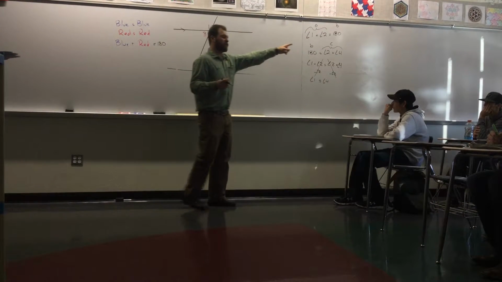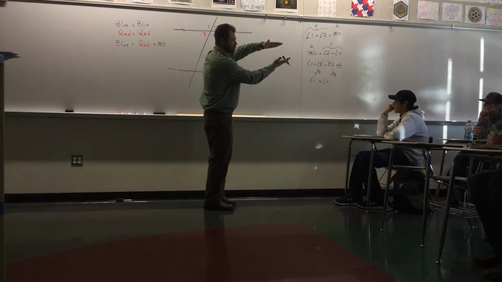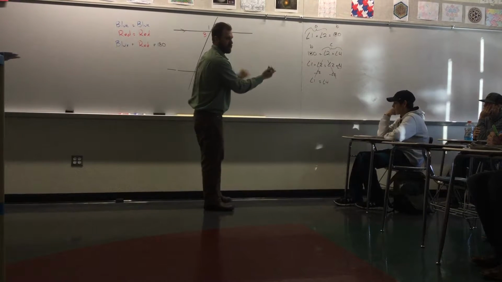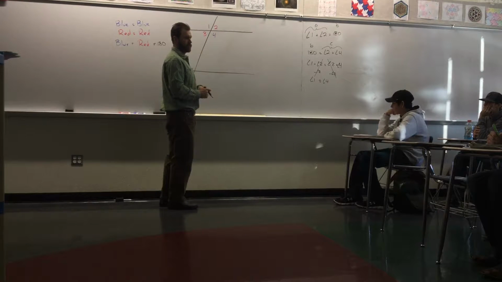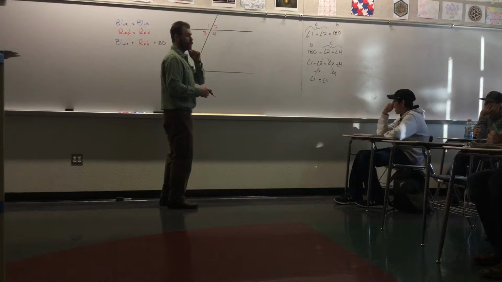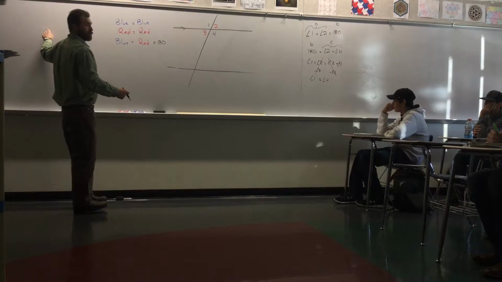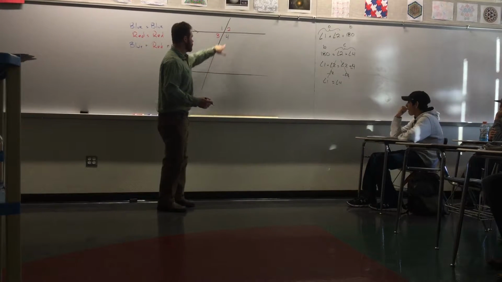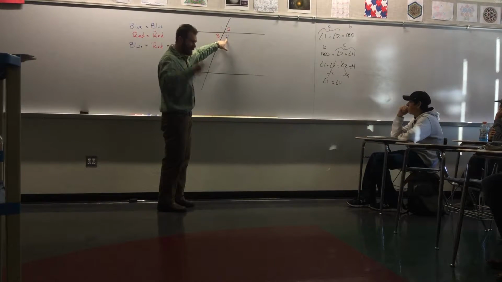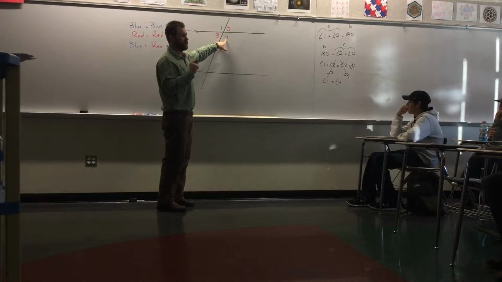If they intersect over here, then those two have to be smaller than 180 to get in there. Okay? What happens if they're bigger than 180? They won't ever touch. That's very true. So we want this angle and this angle to be exactly 180.